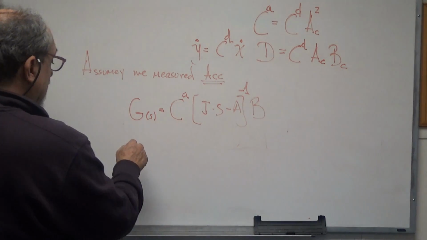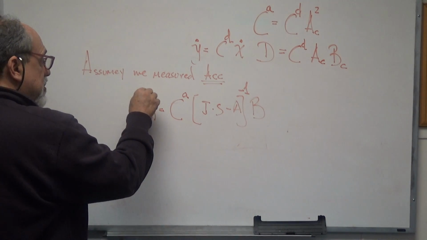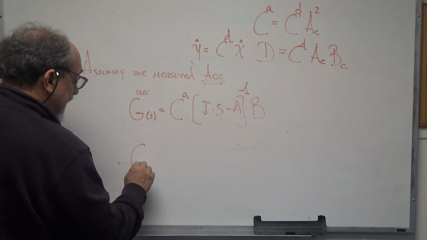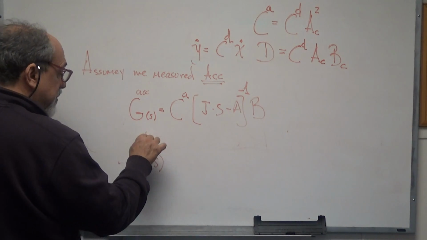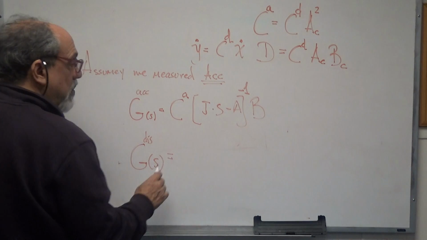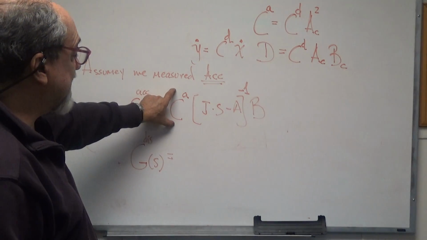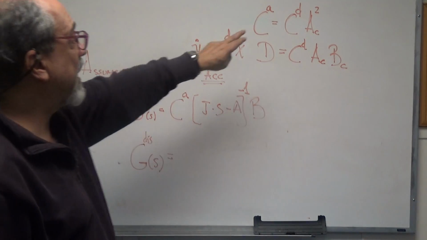I want the relationship, this is for acceleration, right? I want the relationship for displacement. What is the transfer matrix for displacement? Then I say, well, I don't want CA here, I want CD. But what is CD?